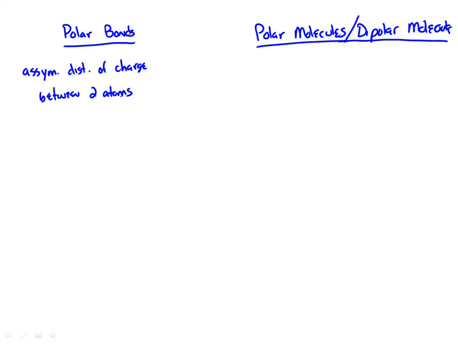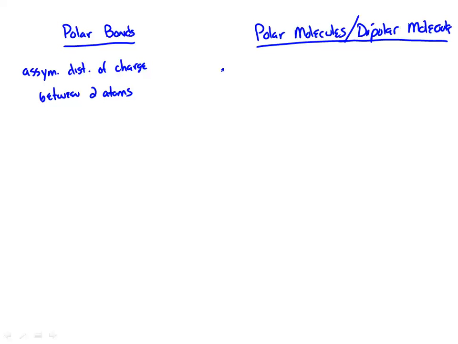Asymmetric distribution of charge between two atoms. Oh, dipolar molecule. So we talk about polar molecules. Some people will talk about whether something's dipolar. And then of course the other alternative is nonpolar.